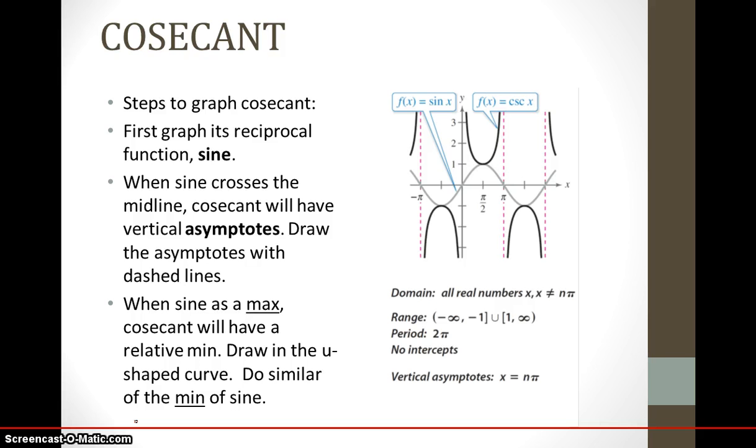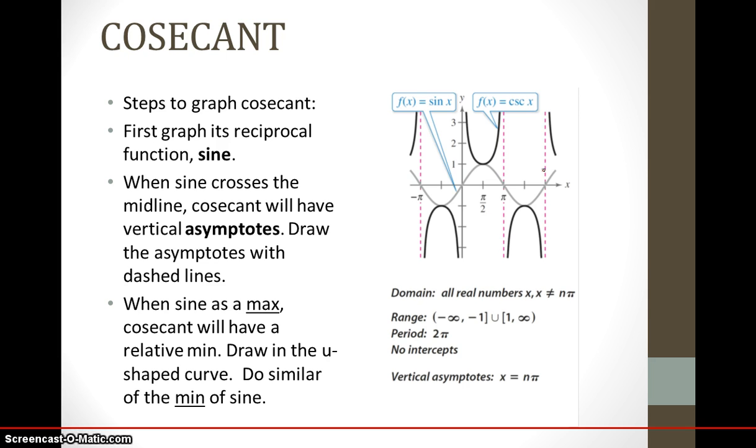The same thing goes for graphing our secant. The first thing that we want to do is graph the sine function. And everywhere where the sine crosses the midline, we need to draw in our vertical asymptotes, just like we have here. And when sine is a max, we're going to draw in our u. And when we have cosine being a minimum, we're going to draw in another u. Okay. The domain is a little bit different because the vertical asymptotes are different. Our vertical asymptotes are just at pi, and we notice it's pi distance between them.